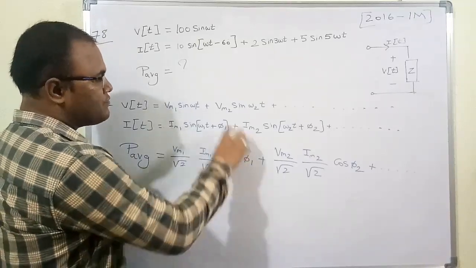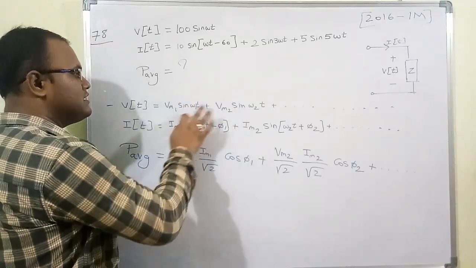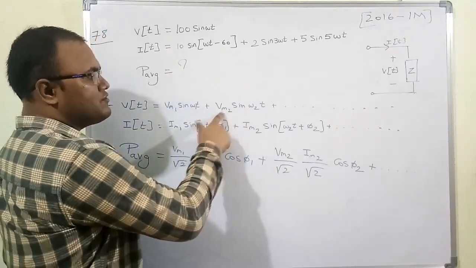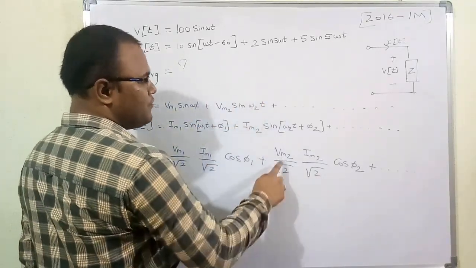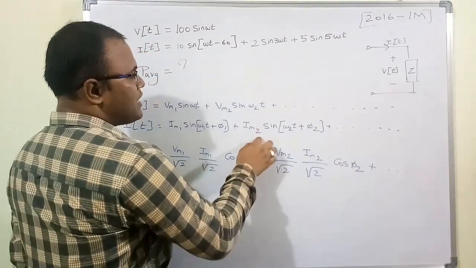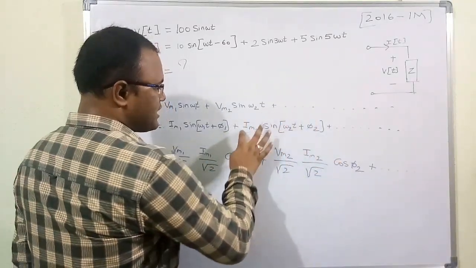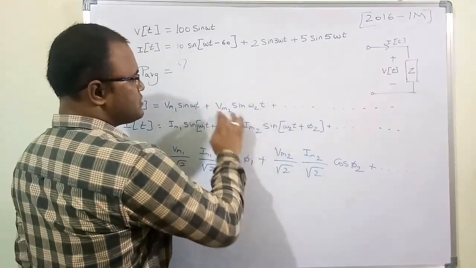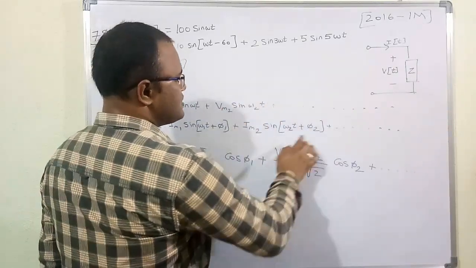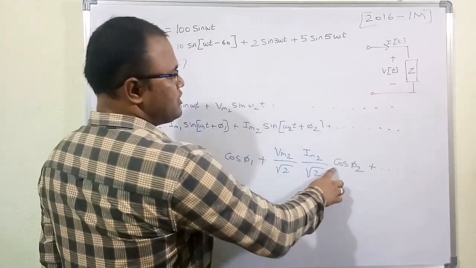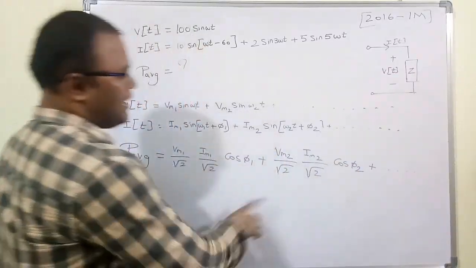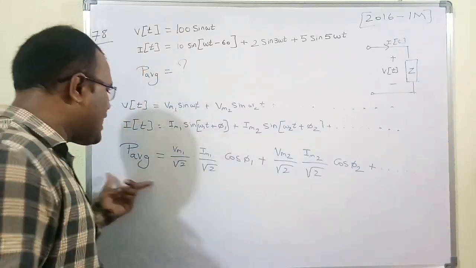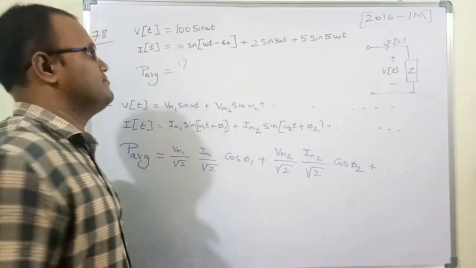Phi 1 is the phase difference between only these two signals. Similarly, the RMS value of the second voltage signal is Vm2 by root 2, and the RMS of the second current signal is Im2 by root 2, and the phase difference between these two is phi 2, so we multiply with cos phi 2, and so on. Then only we can figure out the average power consumed by the load.